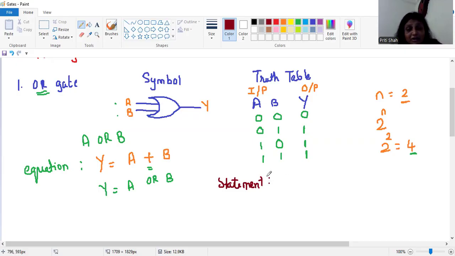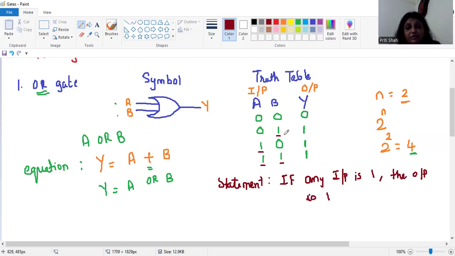The statement format for this will be: if any input is 1, means if any of the input is 1, what is the output? The output is 1.